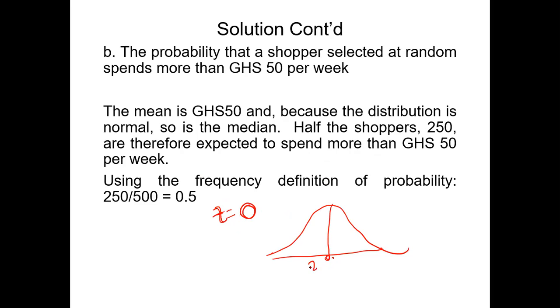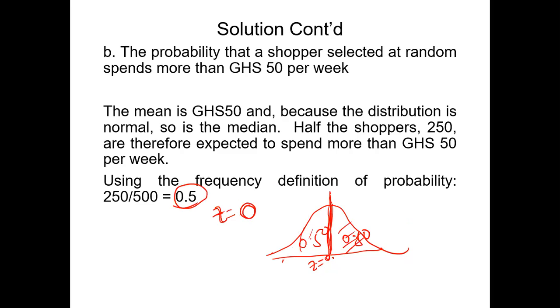At the mean, the z-score is 0, but in terms of probability, here is 0.50, here is 0.50. So if you want to find the probability when the z-score is 0, you can look at either portion of the curve, which is essentially 0.50.